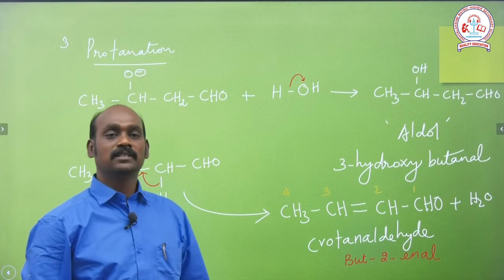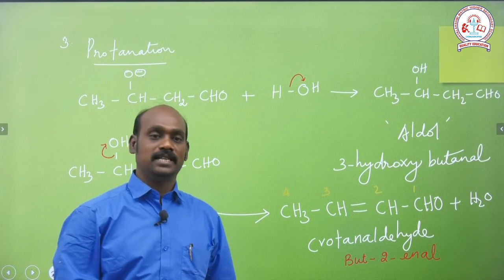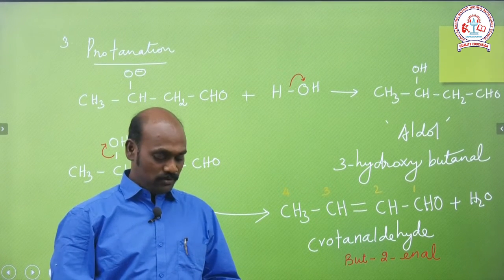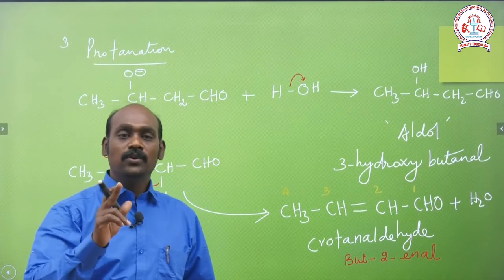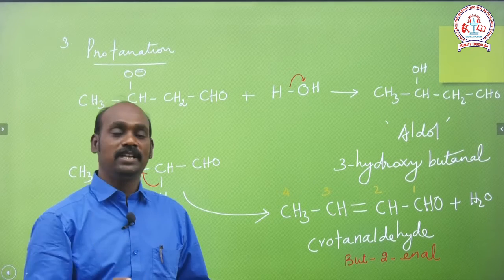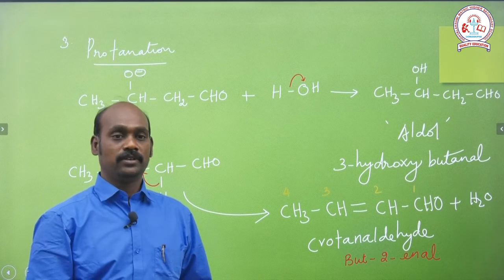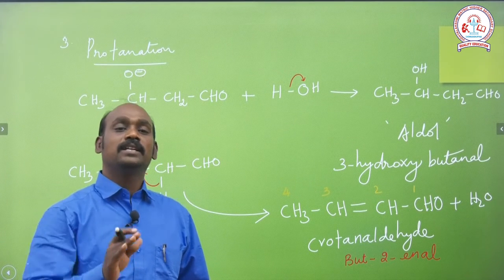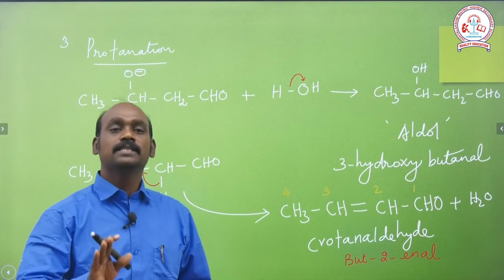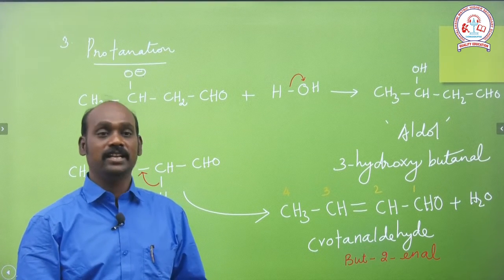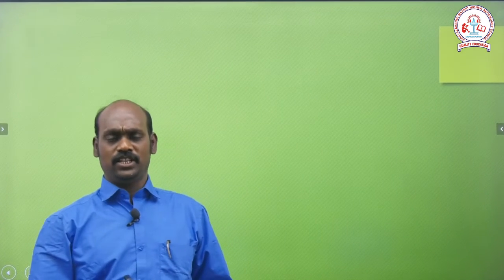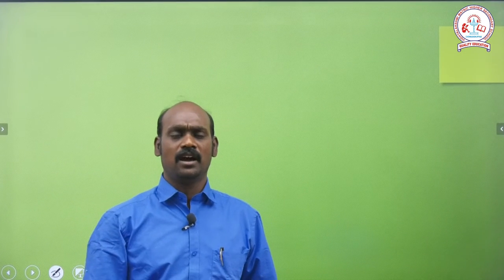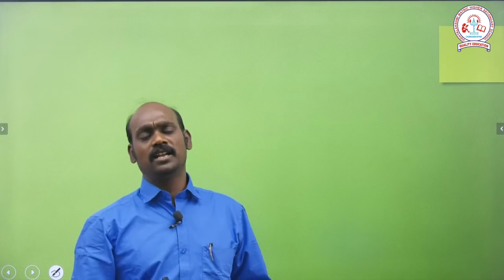So, this is simple aldol condensation. What is simple aldol condensation? If two same aldehydes or same ketones undergo aldol condensation, that is called simple aldol condensation. And another one is crossed aldol condensation, or mixed aldol condensation.